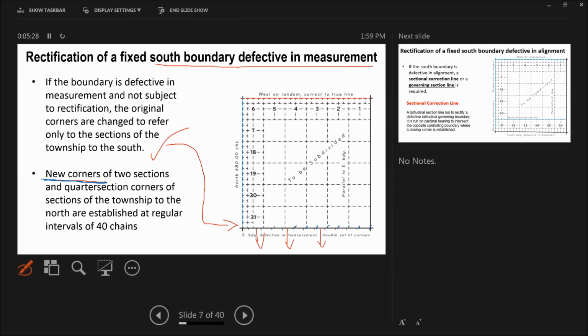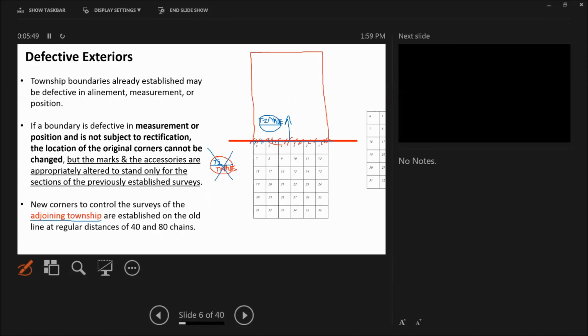Every 40 chains. And these corner monuments are going to be stamped or marked with the marks representing the boundaries of the township and sections above it. So hopefully this illustrates the defective exterior here.